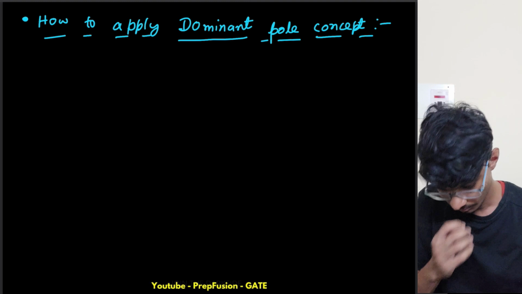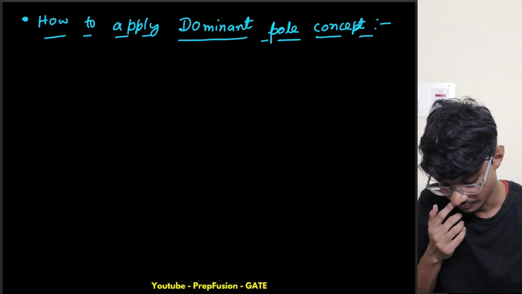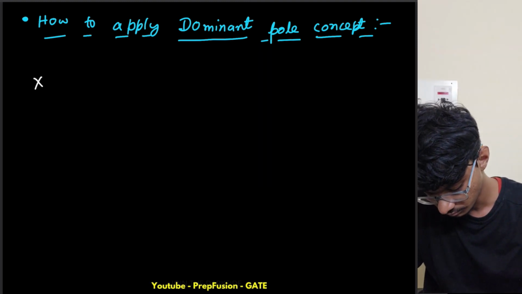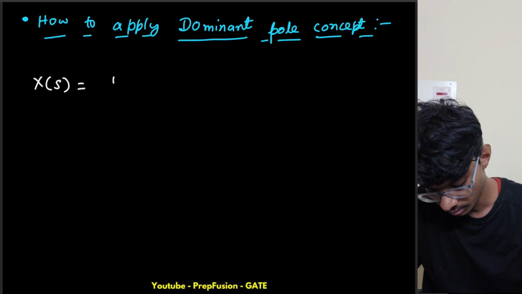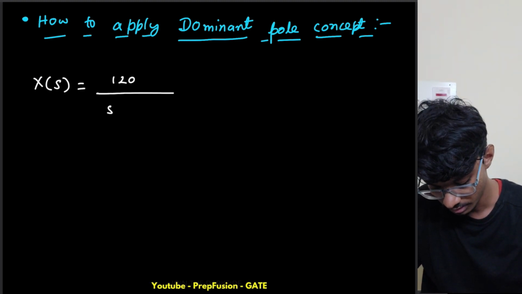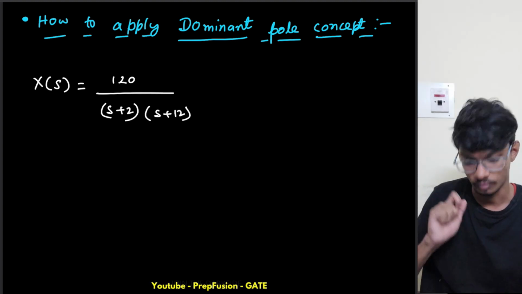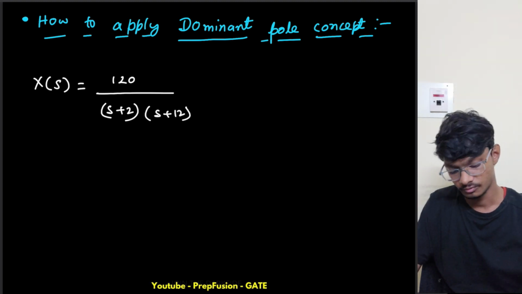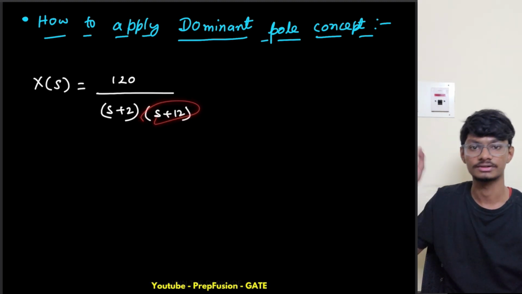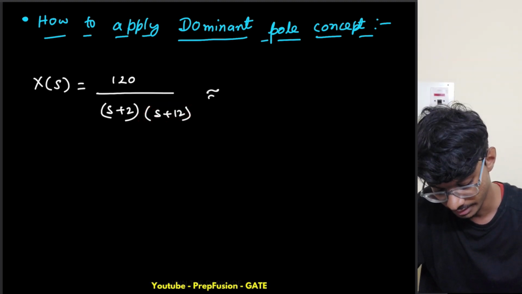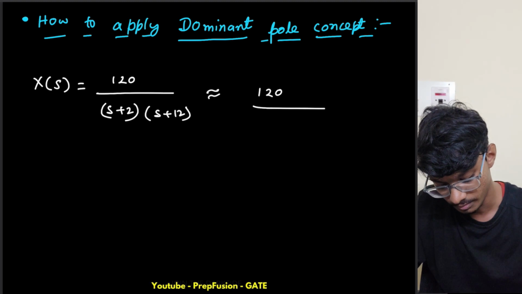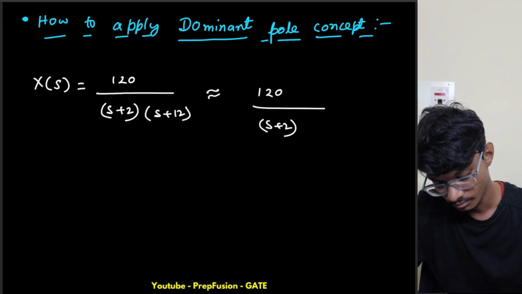So basically, what we have got is X of s equals 120 divided by (s plus 2) into (s plus 12). So how can we approximate? We will ignore the pole that is further away from the origin. So what I can write here is 120 divided by s plus 2.